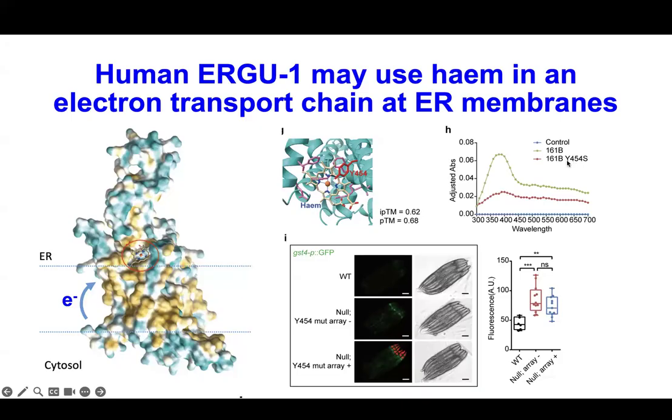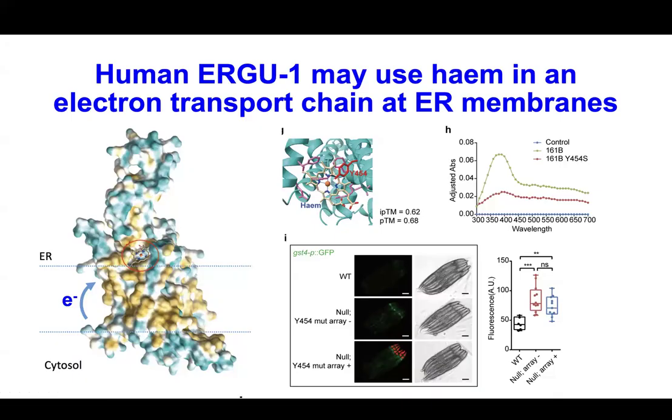mutation, the tyrosine, the wild type protein shows a characteristic absorption band for heme, and the tyrosine mutation can abolish the absorption spectra of the protein, consistent with the notion that this protein may indeed be able to bind to heme molecule.